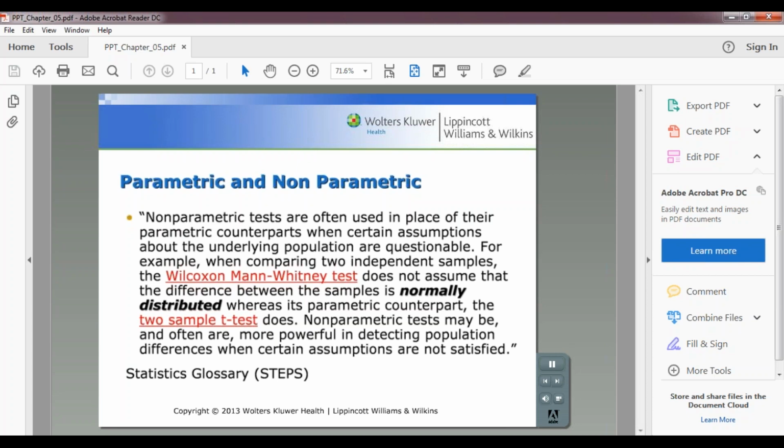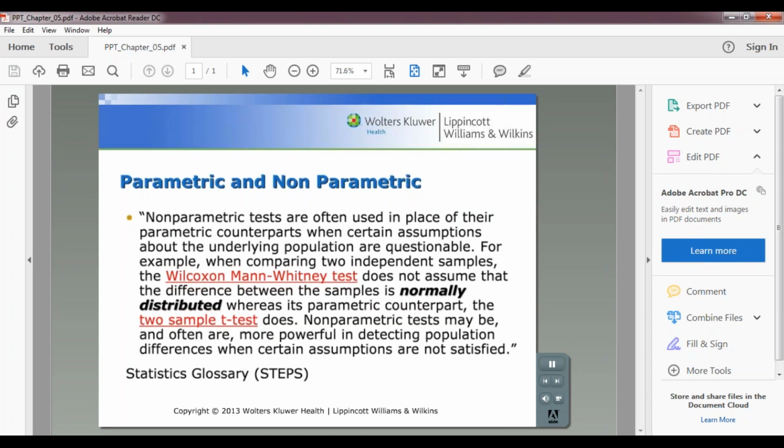If you remember in the previous discussions, we talked about the assumption of normality, the central limit theorem, and all those good theories related to the issues of probability testing and probability theory.